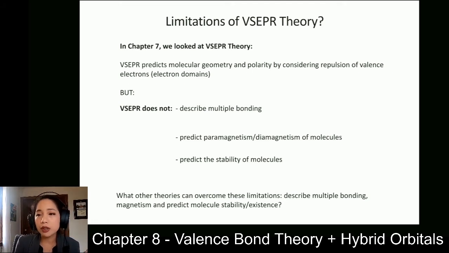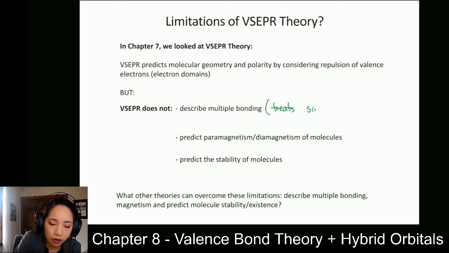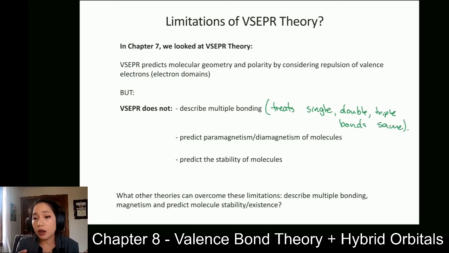So what VSEPR theory doesn't do, and what these advanced theories will be able to describe, is multiple bonding. VSEPR theory treats single, double, and triple bonds all the same. Where we treat them the same is when we're counting up electron domains around a central atom.